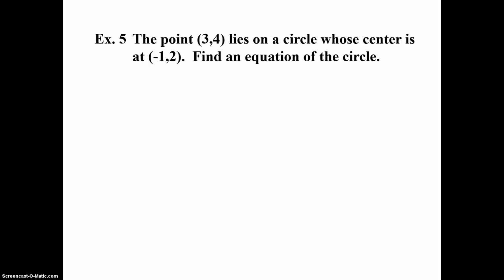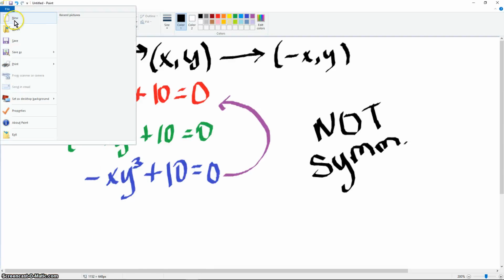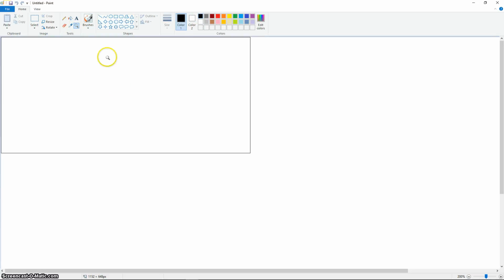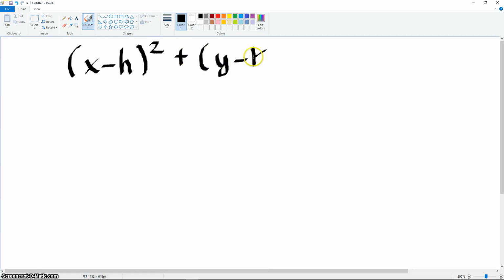Okay, well the first thing we need to say is, let me go back to the word. I always like to start off with my equation or my formula, and that is x minus h squared plus y minus k squared is equal to r squared.